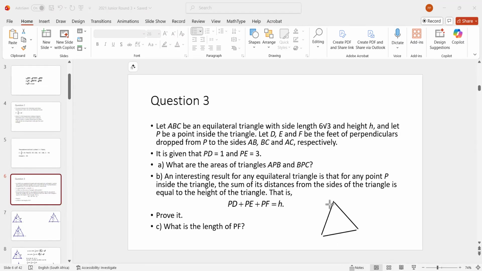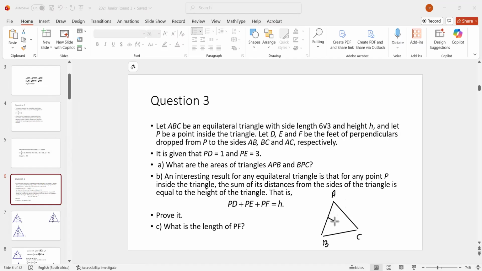What happens is you've got a point inside the triangle. And from this point, perpendiculars are drawn to the other sides.